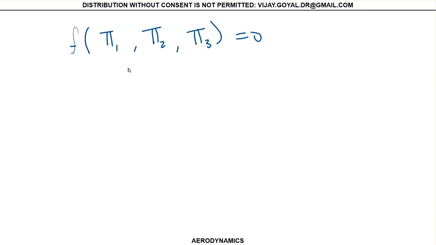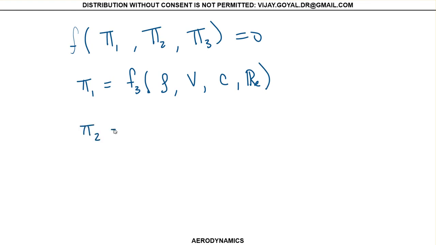For these purposes, let's assume that pi 1 is some function of another function that maybe is rho, density, velocity, chord, and your Reynolds number. Okay, let's suppose I have another function.